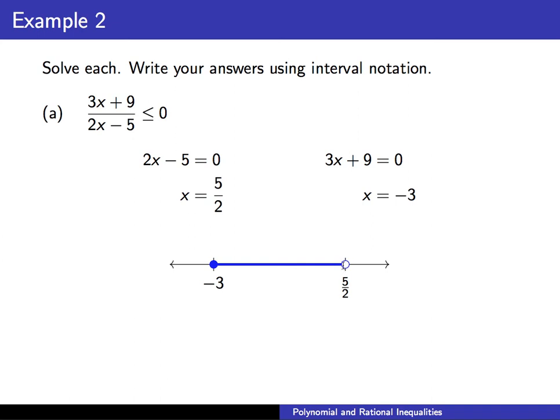So for instance, x equals 1 would work because that will result in the left side being less than or equal to 0. So our final answer is between negative 3 and positive 5 halves, where we include the negative 3, so a bracket before negative 3, but we do not include the 5 halves, so a parenthesis after the 5 halves.